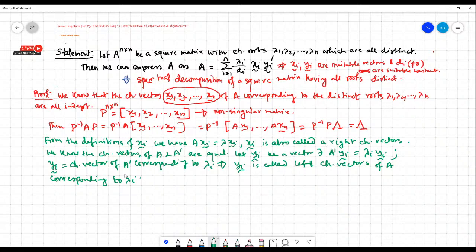Result: xi curl prime yj curl equal to 0 for all I not equal to j. That is, the right characteristic vector and left characteristic vector are orthogonal.